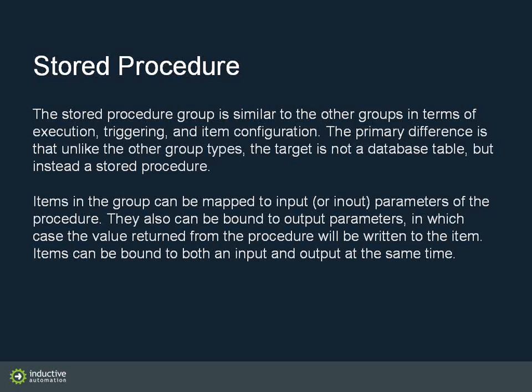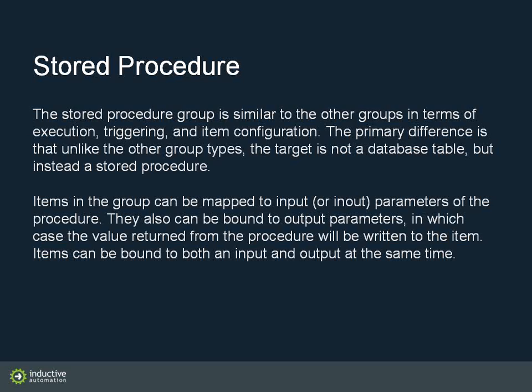They can also be bound to output parameters, in which case the value returned from the procedure will be written to the item. So the items can be bound to both an input and output at the same time. This group is very useful when you have stored procedures already written in your database that you want to interface with naturally.